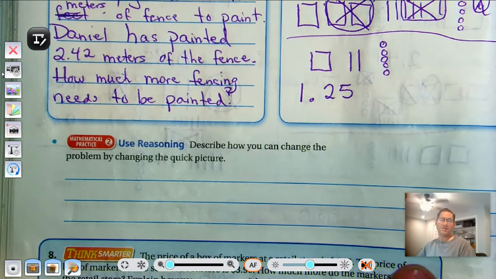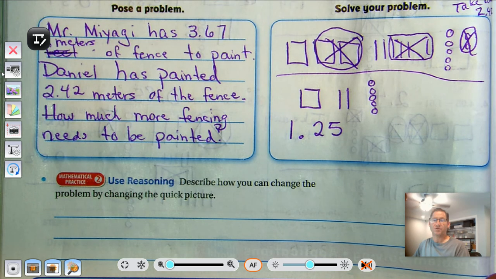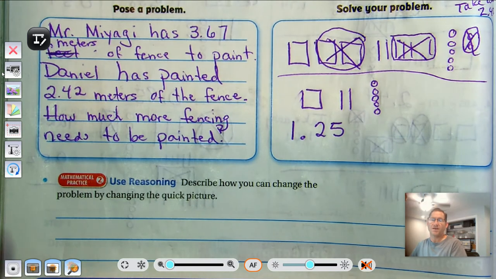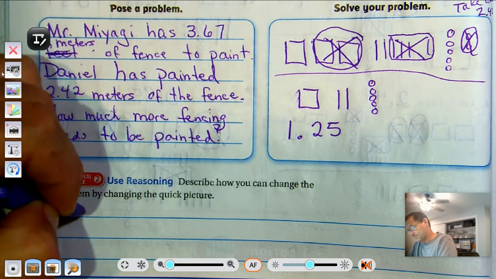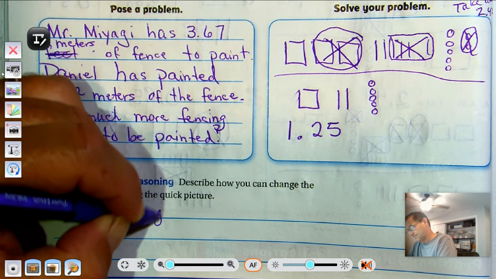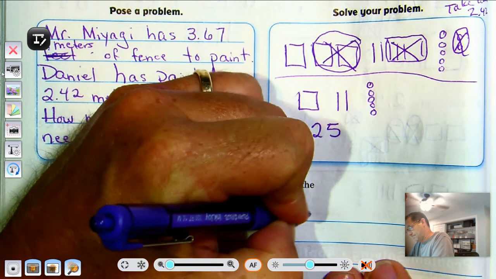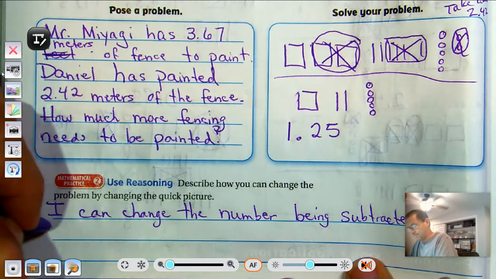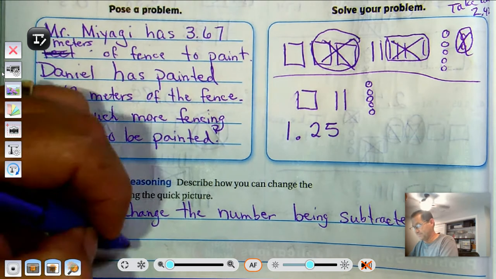All right, describe how you can change the problem by changing the quick picture. Well, what do we just take away, change the number that we're subtracting? Because right now we didn't have to regroup anything. I could change my quick picture by having to regroup. So like change it to 2 and 48/100ths.